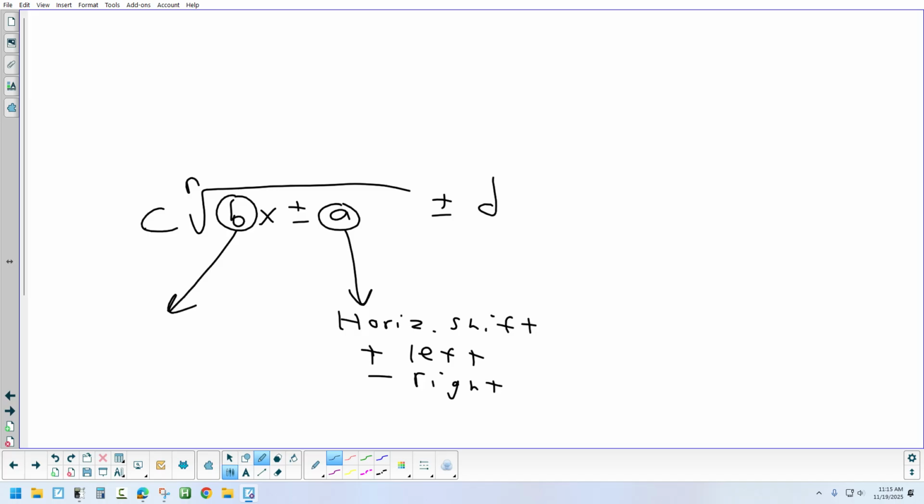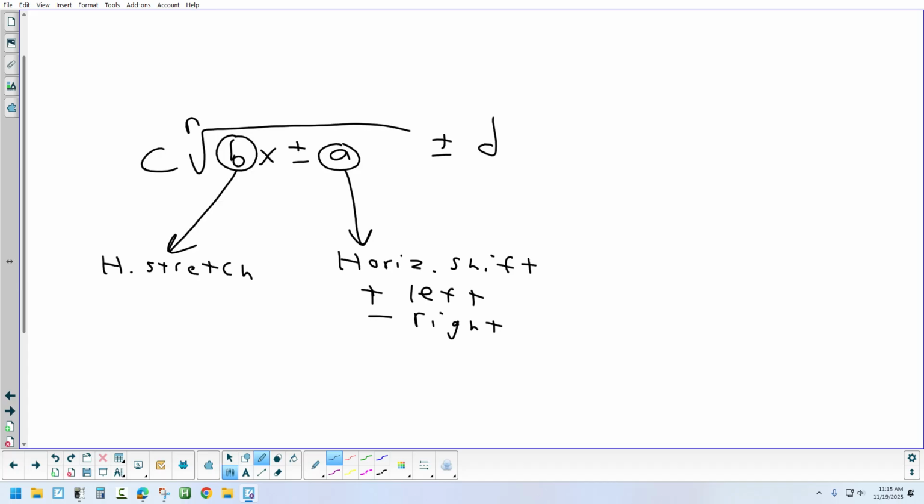How about B? It's still inside the function, but now it's multiplication instead of addition or subtraction. Stretch. And what kind of stretch? Horizontal. Yep, that's a horizontal stretch. And remember, that is backwards. So for example, if B equaled 3, you would say that it's a horizontal stretch by a factor of 1/3.